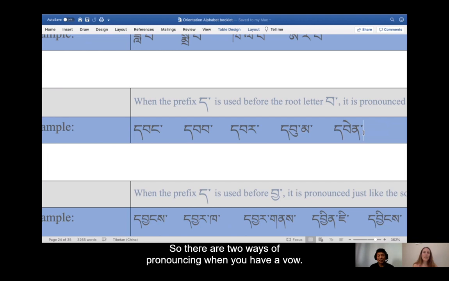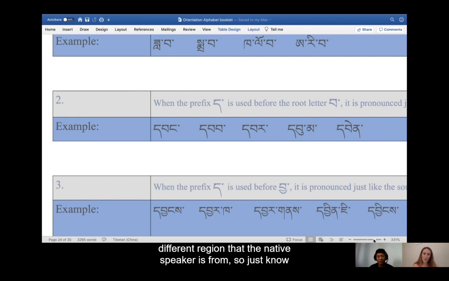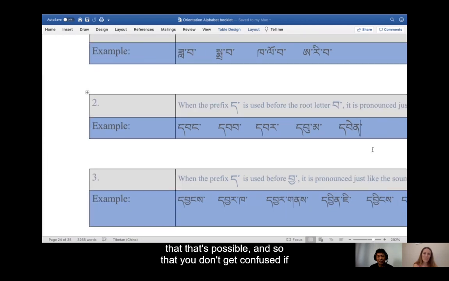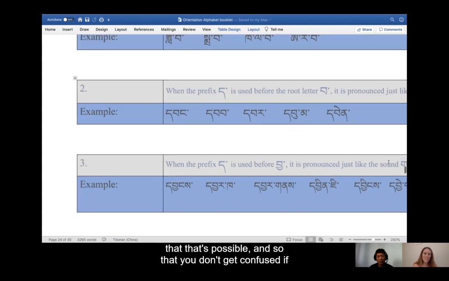So there are two ways of pronouncing when you have a vowel: either the wa sound with the vowel, in this case wu, or just u, as if there was no wa involved. Both pronunciations are acceptable. It depends on the region the native speaker is from, so you don't get confused if you hear both options.